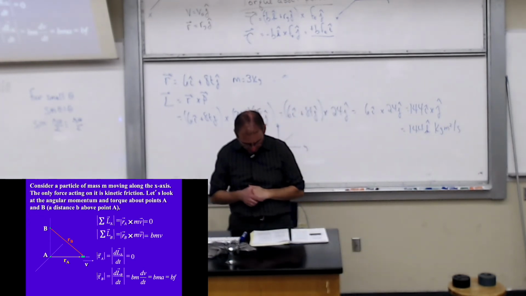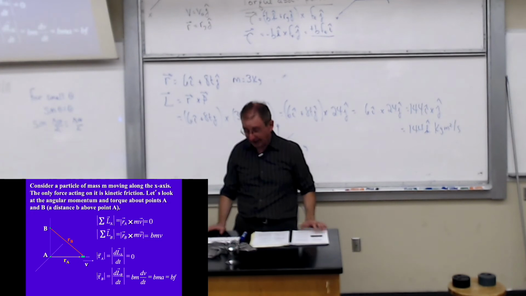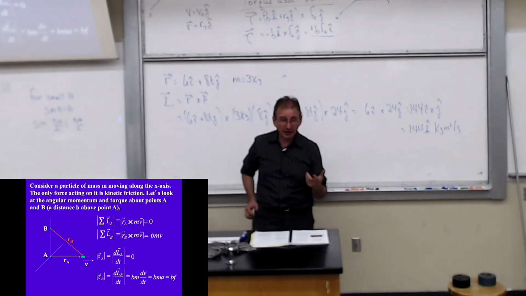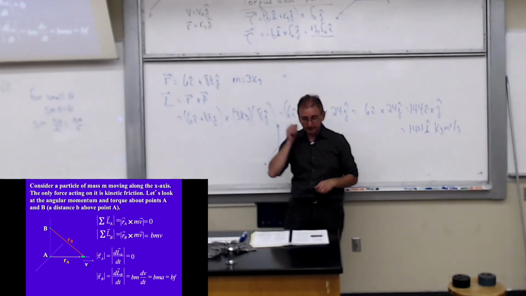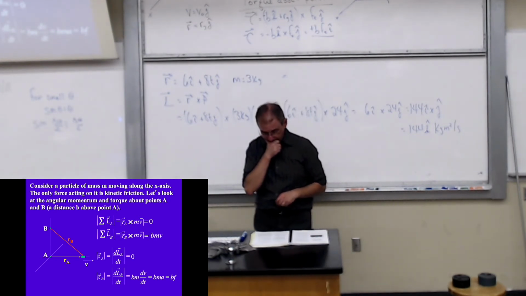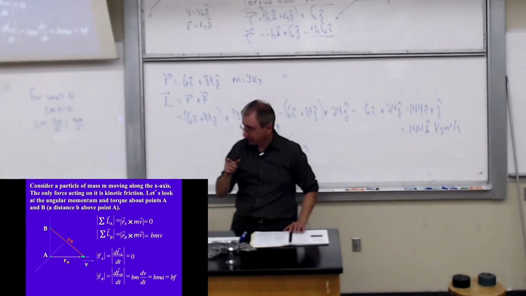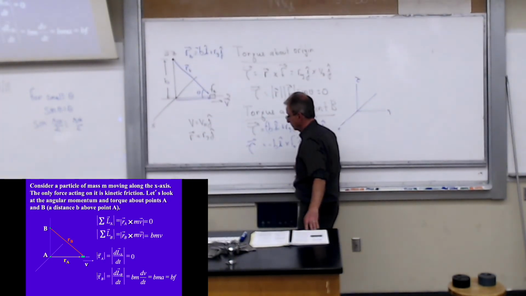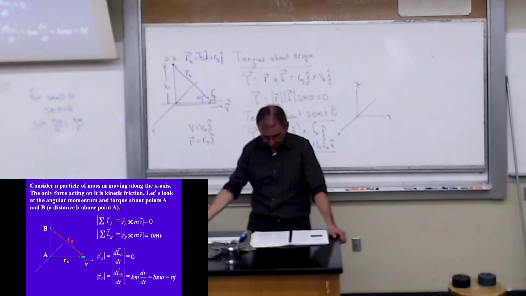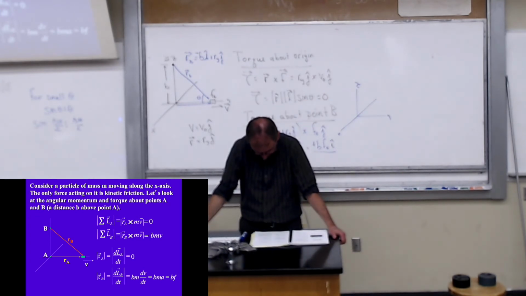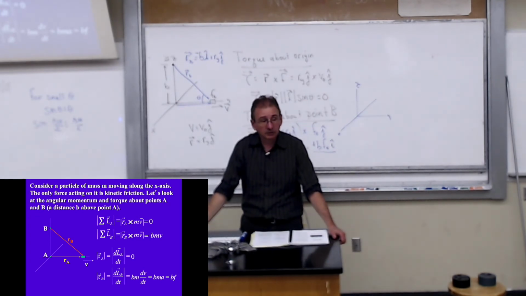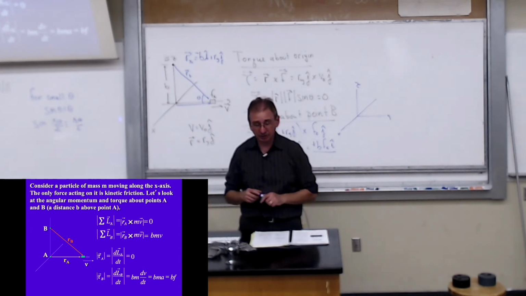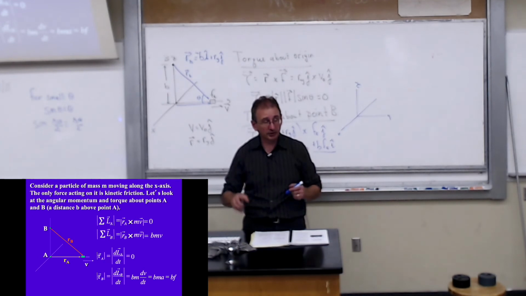Let me do another example. I have a much harder one in the notes. I'm not going to go over it. You can take a look at it. I'm going to go back to the same example I had before, but this time I'm going to calculate the angular momentum.